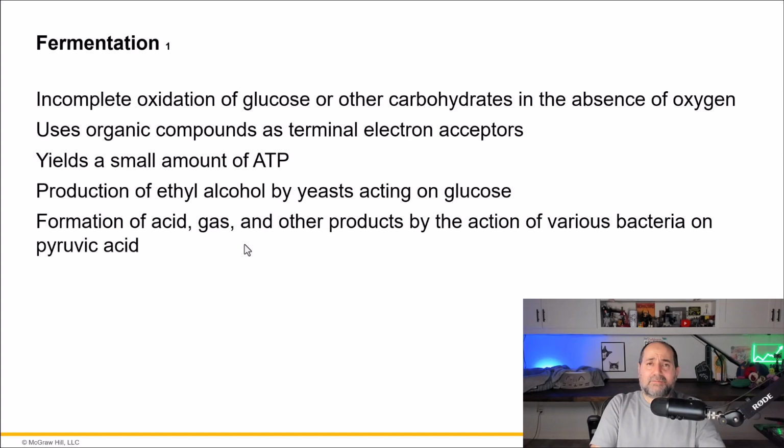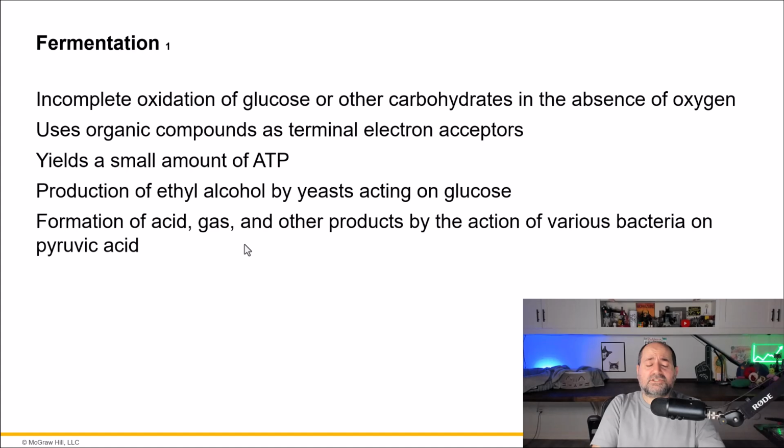So on the exam, if I ask you the difference between anaerobic respiration and fermentation, you should know the difference. They are not the same thing. Anaerobic respiration involves glycolysis, Krebs cycle, oxidative phosphorylation, the electron transport chain, all that good stuff, except the terminal electron acceptor is something other than oxygen.